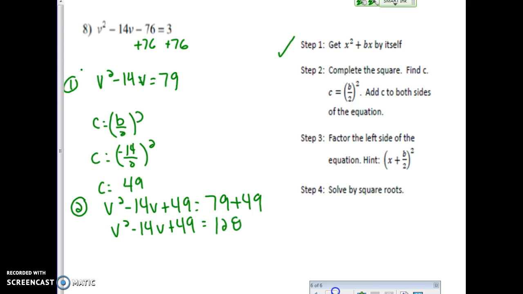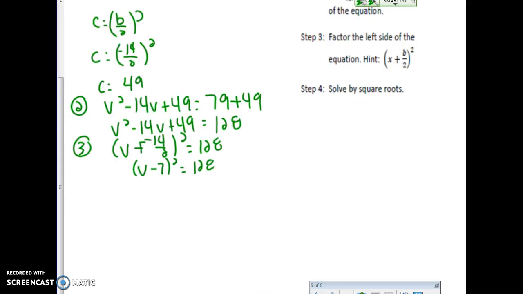Step 3, we're going to factor the left side. So that's going to be v plus negative 14 over 2 squared equals 128. Or v minus 7 squared equals 128.